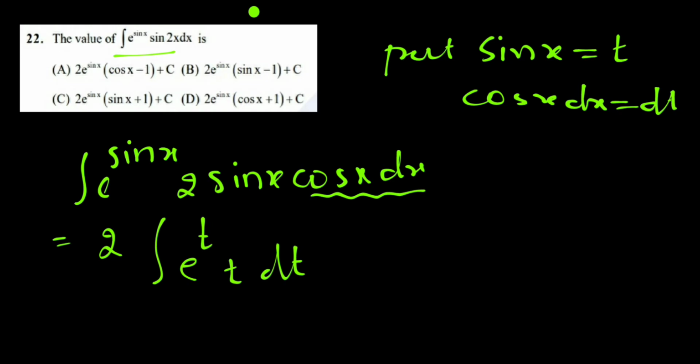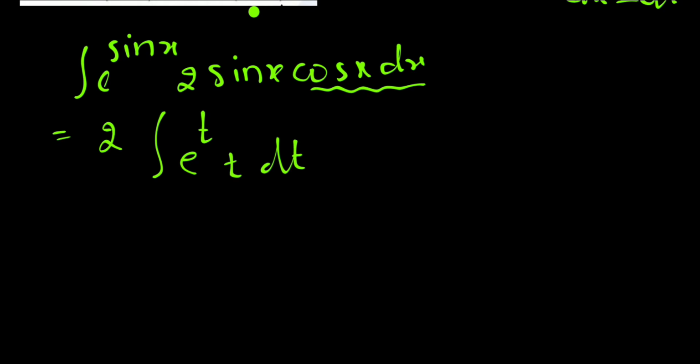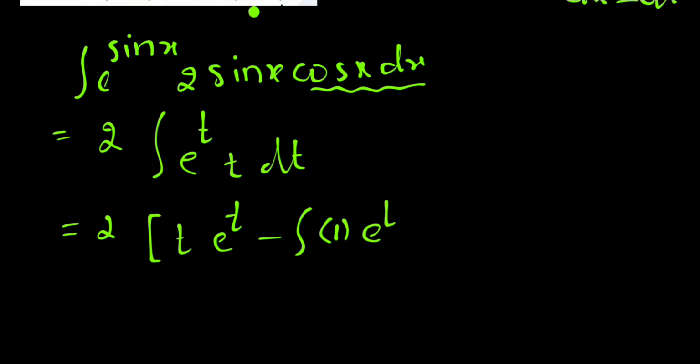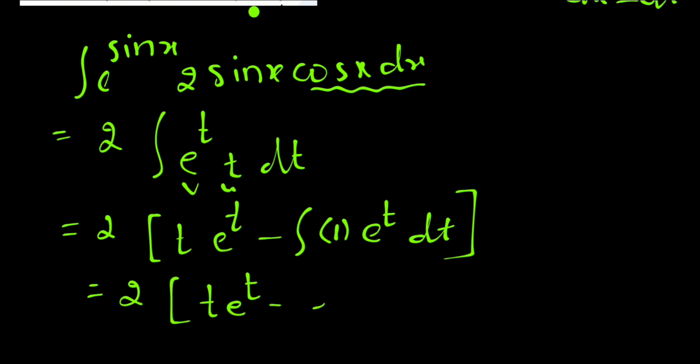I will apply the UV formula here. I will use the Euler method to solve this by the UV method. T into the integration of e power t, which is e power t, minus the integration of the derivative of t, which is 1, into e power t dt. This is the UV formula applied here. So now, 2 into t e power t minus integration of e power t, plus c.